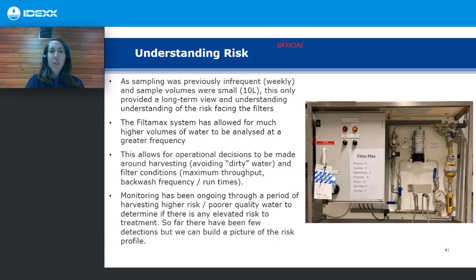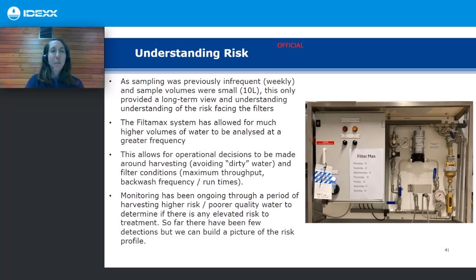So we actually had very few to no detections for quite a long period. But in recent times, we have had lower rainfall, as many people have probably experienced. That means our reservoir has dropped quite significantly, and we have had to pump water from the Yarra River without that dilution with our cleaner water.